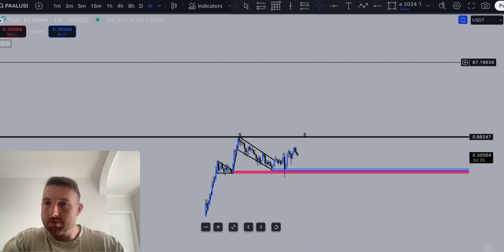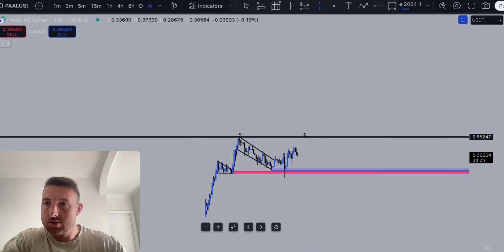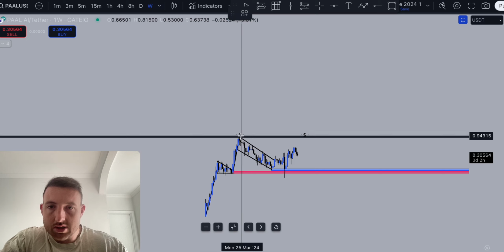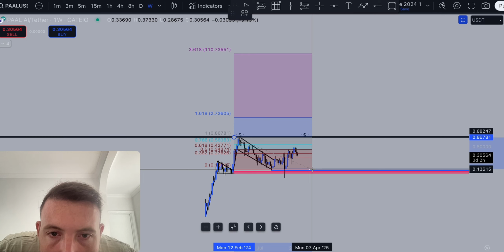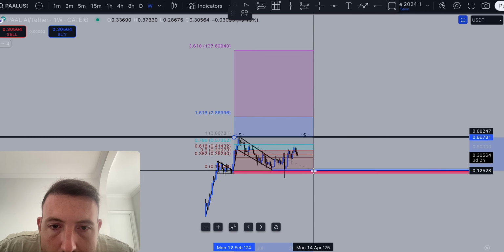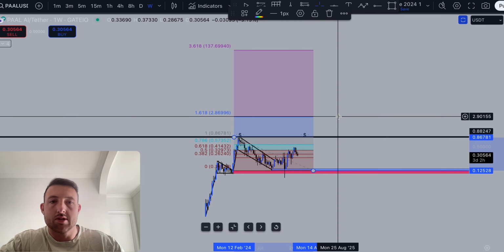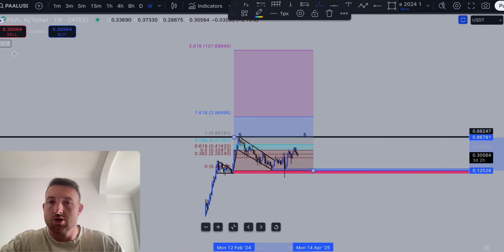We can put in the Fibonacci tool to get what the Fibonacci says. So from the peak, go down to here. And that lines us up with $2.90.